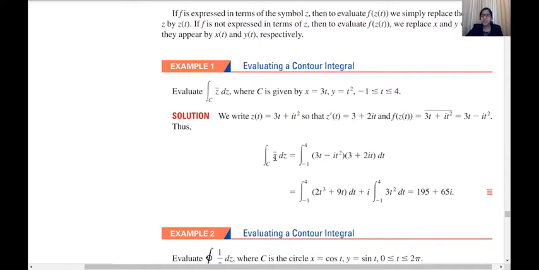So the integral over c of z bar dz would be equal to the integral from -1 to 4 of (3t minus i t square) into (3 plus 2it) into dt.